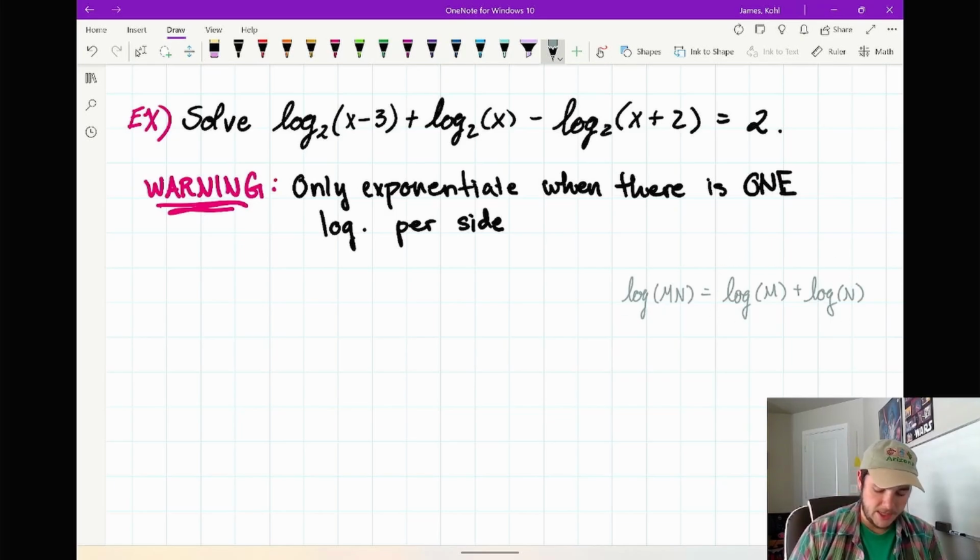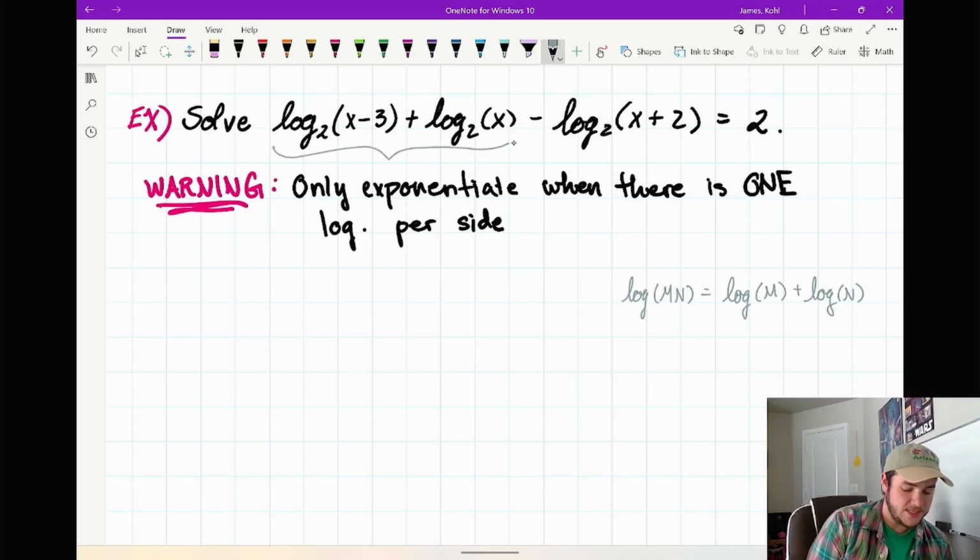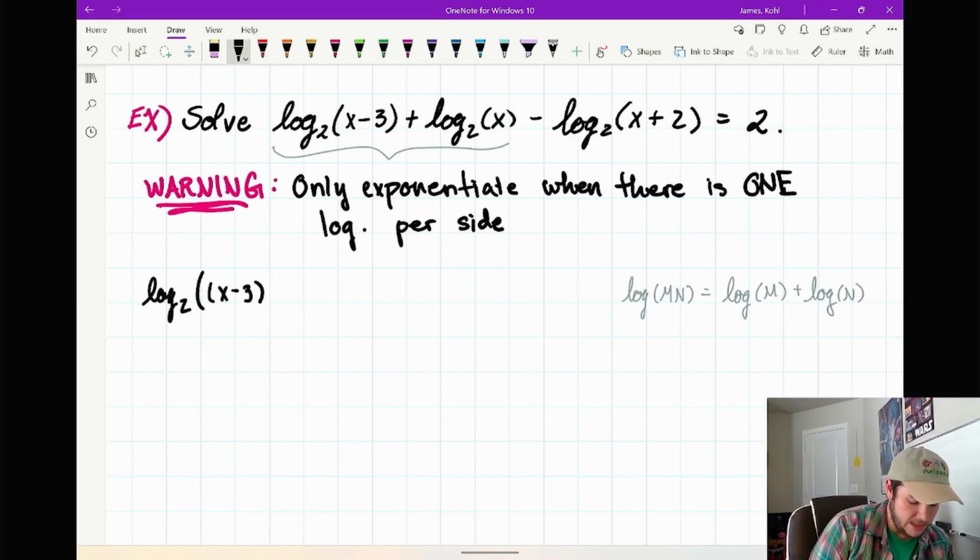But in this case, I actually want to write fewer logarithms, so I want to use this property in reverse. Notice that I have a sum of two logarithms here. So I can rewrite those two as log base 2 of x minus 3 times x, minus log base 2 of x plus 2 equals 2.